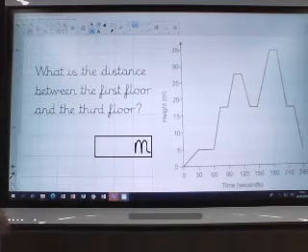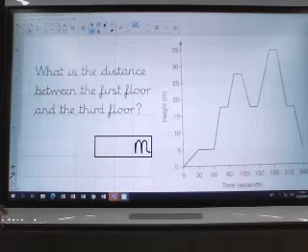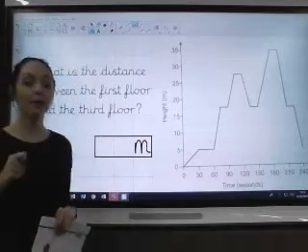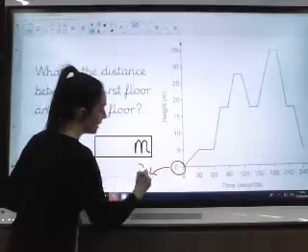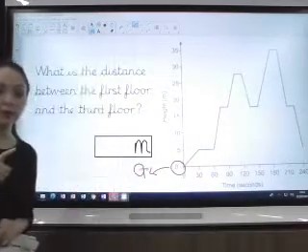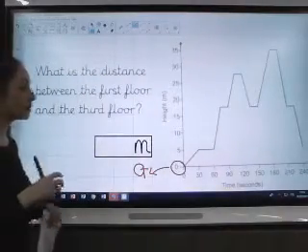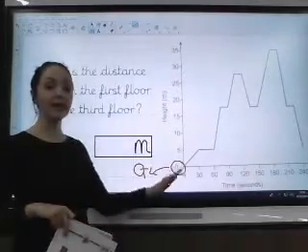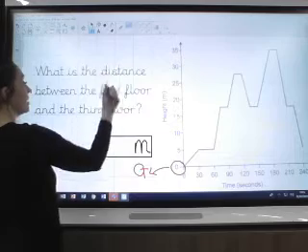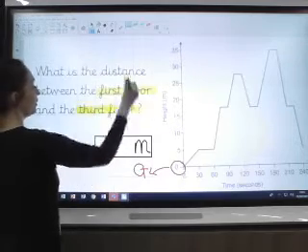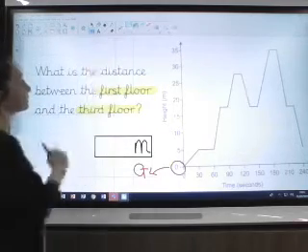The next one then says, what is the distance between the first floor and the third floor? I'm going to write it on again, that this is the ground floor. Okay, don't forget that. So if the ground floor then is the very, very bottom, your key information here is first floor and third floor.